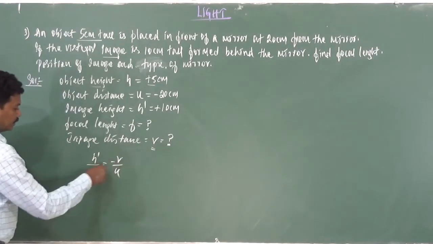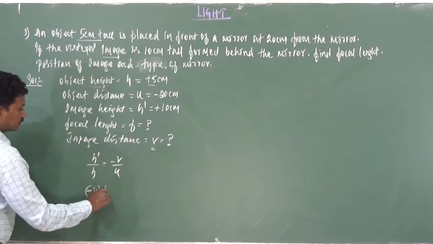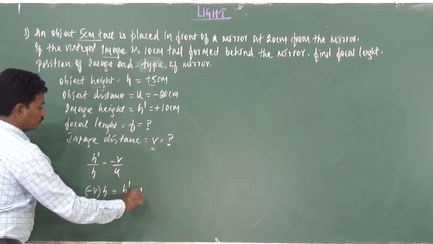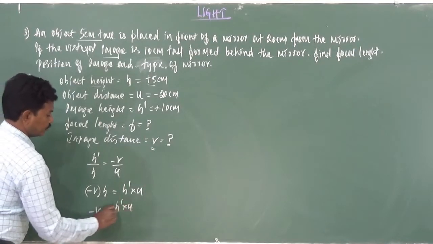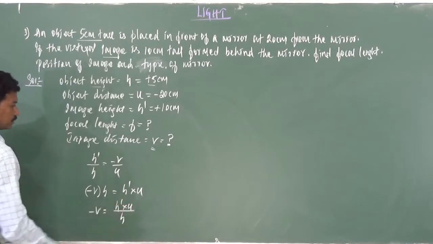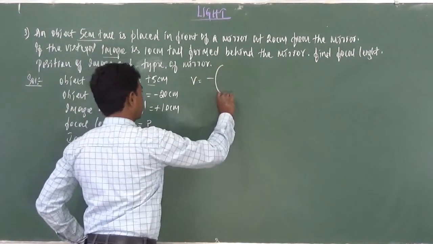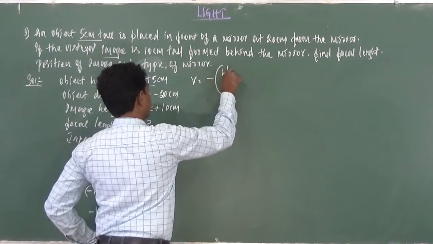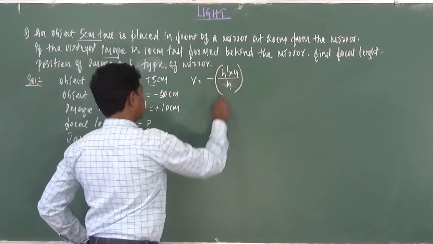So cross multiply this. Minus v into h is equal to h dash into u. So minus v is equal to h dash into u by h. We will transpose this negative sign also. So v is equal to minus of h dash into u by h.